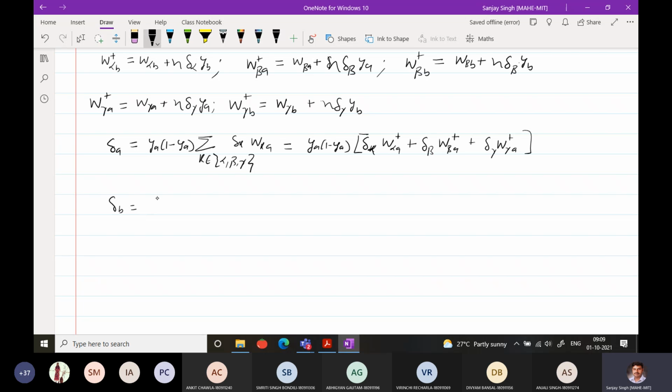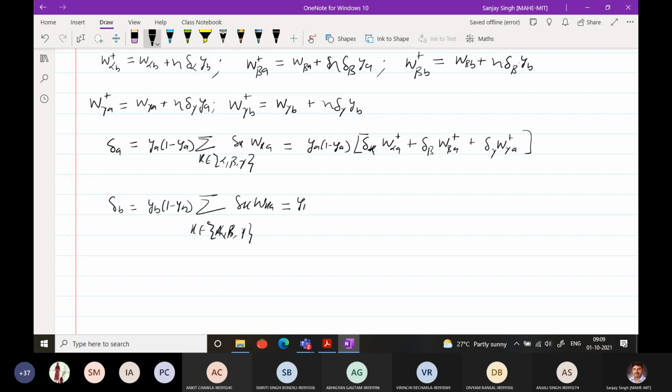So delta B is also straightforward. Here we'll say YB(1 minus YB), and this will remain the same because for the next layer the same alpha, beta and gamma are there. So we have delta K, WKB.